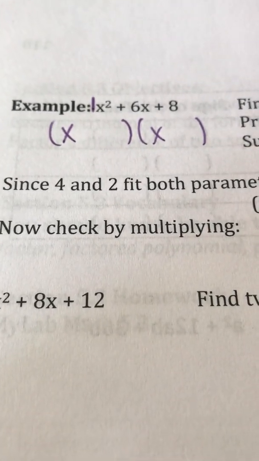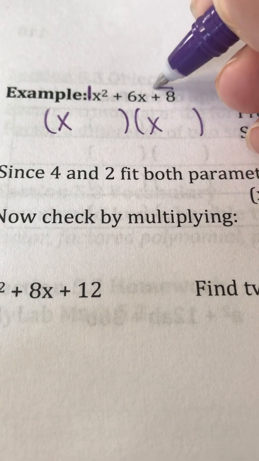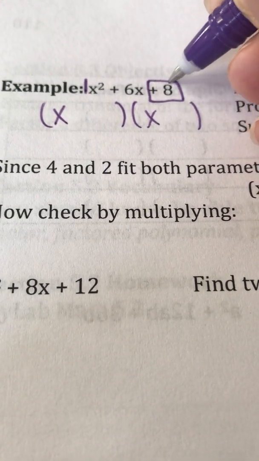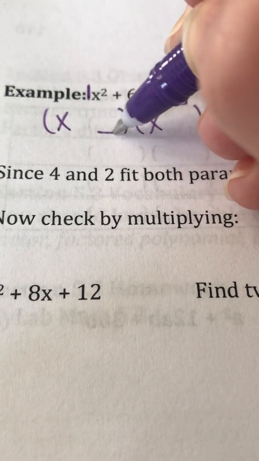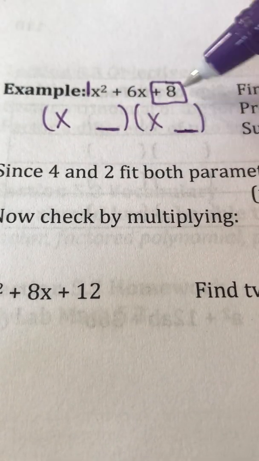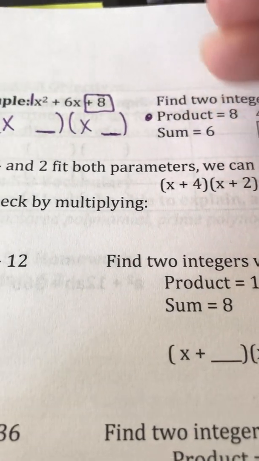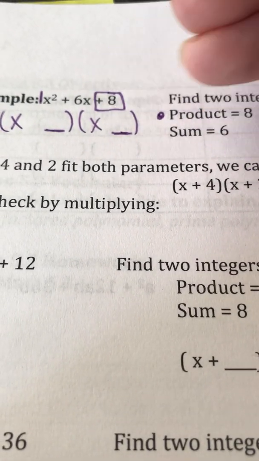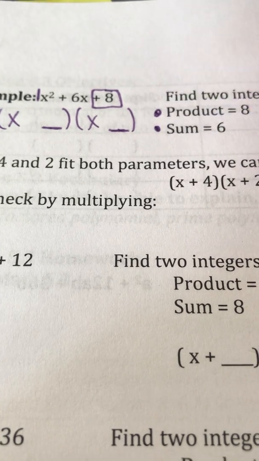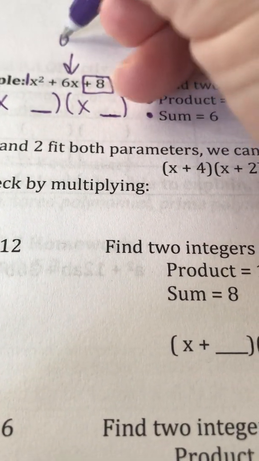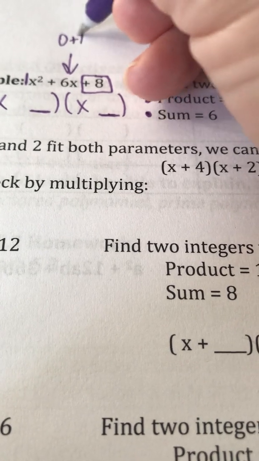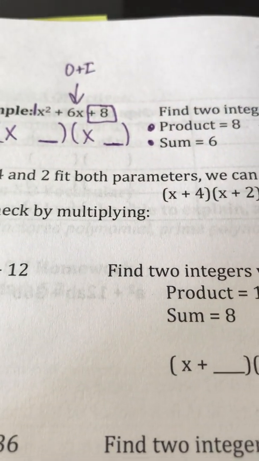We also know this positive 8 tells us that we want a product of 8, and we need a sum of 6.